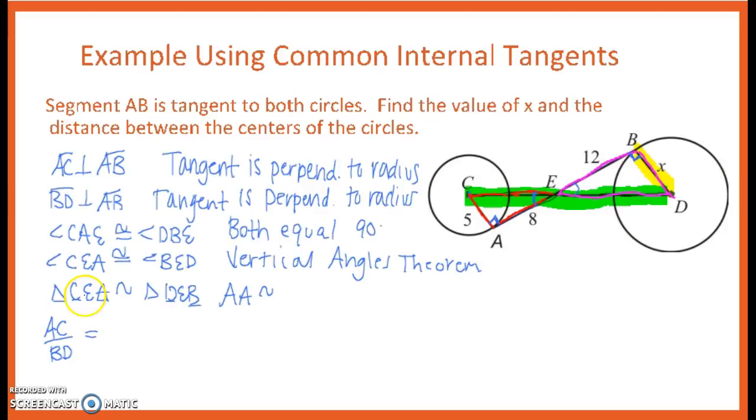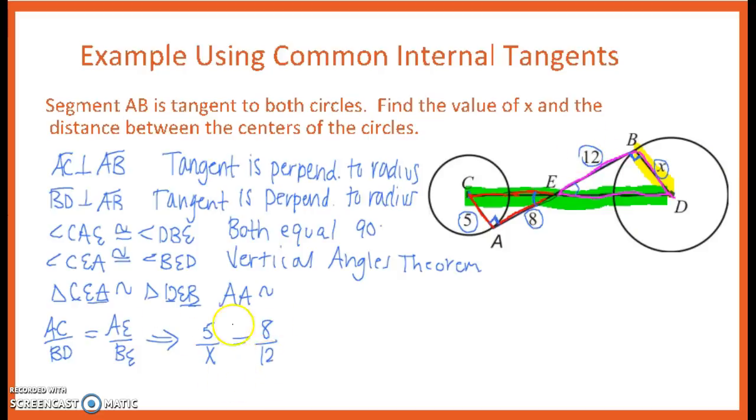That is to AE over BE, the last two and the last two. So plugging in values, AC is 5, BD is x, so 5 over x is equal to AE, which is 8, over BE, which is 12.